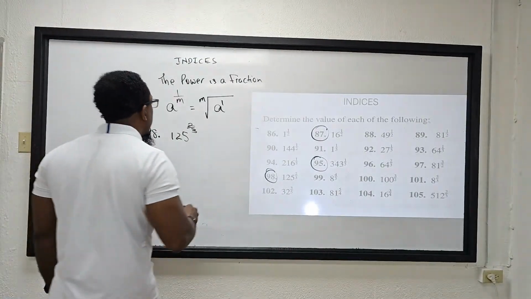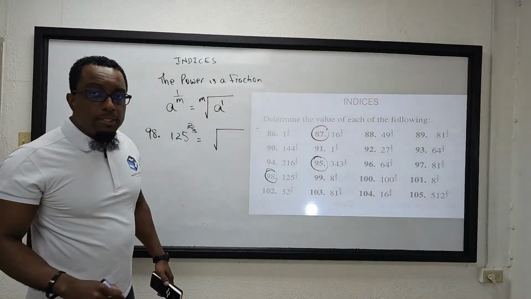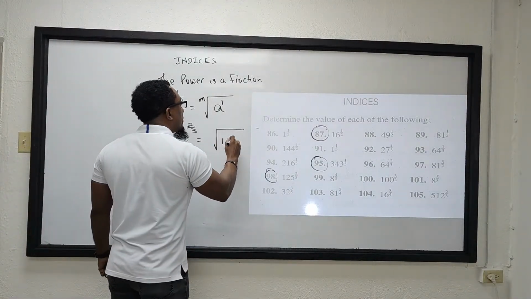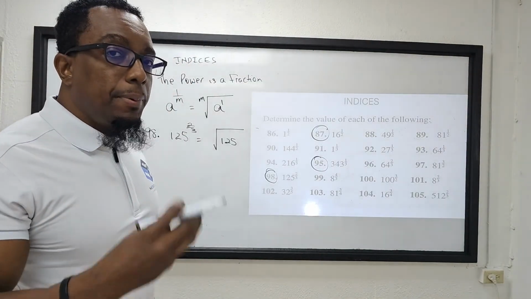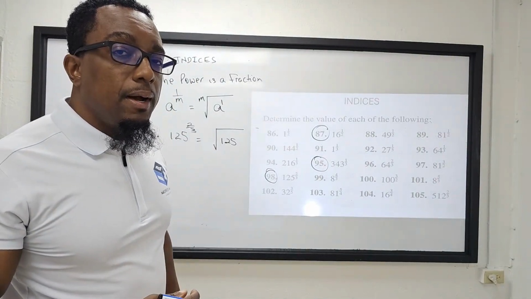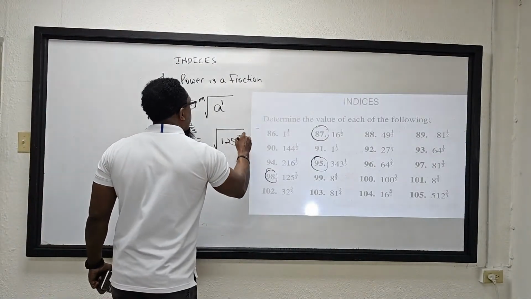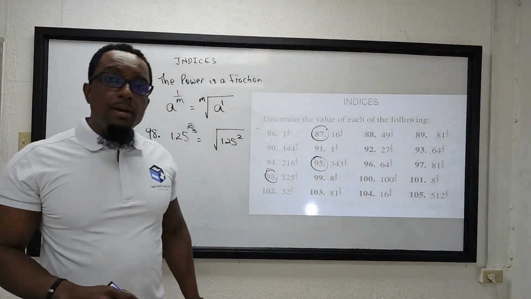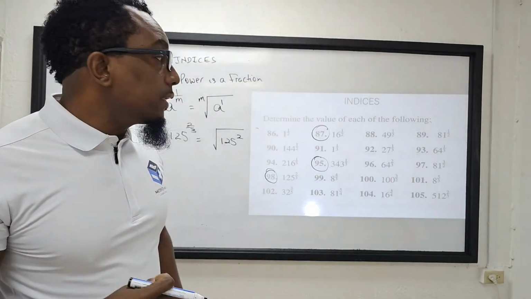So this will be the root symbol, 125 is placed below the root symbol. 2, which is the numerator of your power that is a fraction, becomes the power of 125. 3, which is the denominator of your power that is a fraction, becomes the order of the root.